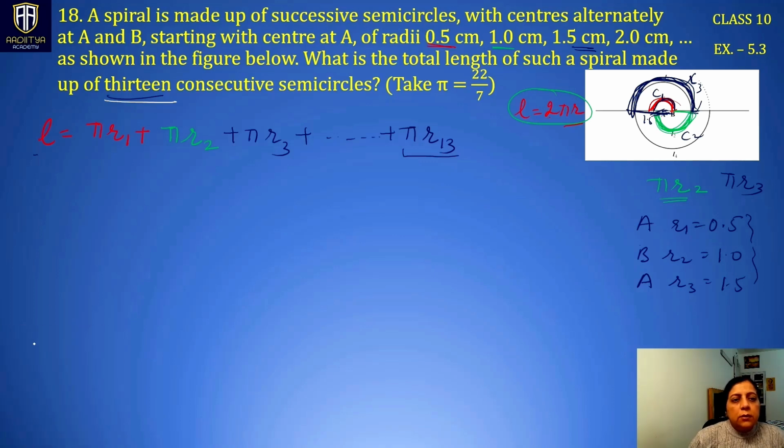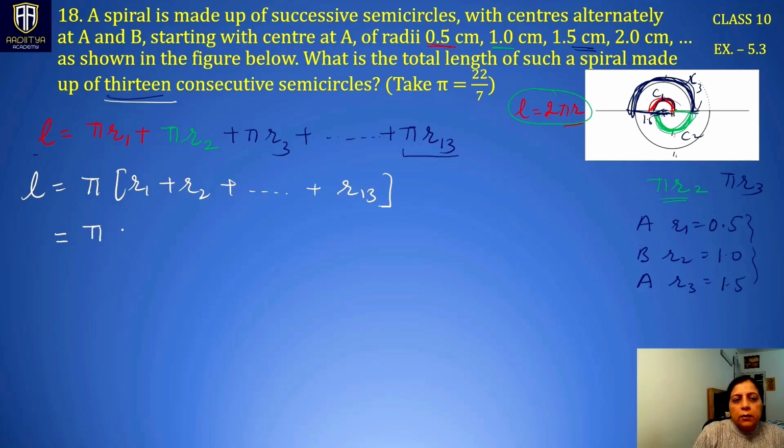So the total length is pi r1 plus pi r2 plus pi r3 plus so on. So pi is common, and this is r1 plus r2. This is a very easy question, though children find it difficult initially. This is R13. So this spiral is about the sum of 13 semicircles in which the radii are increasing by a fixed amount.